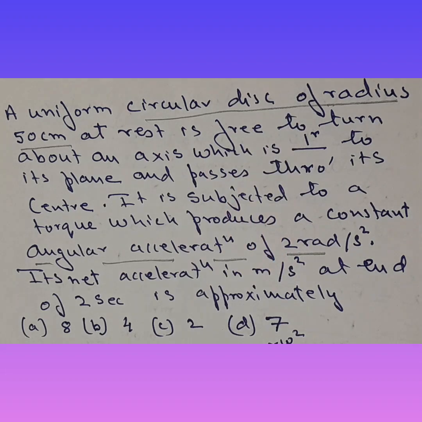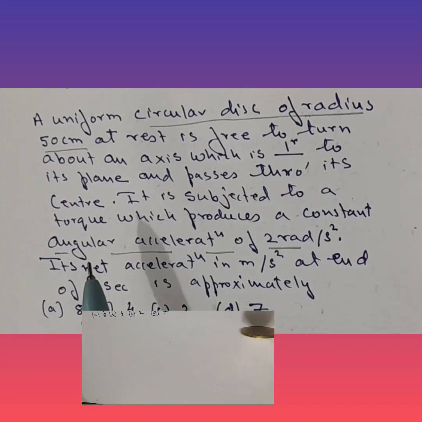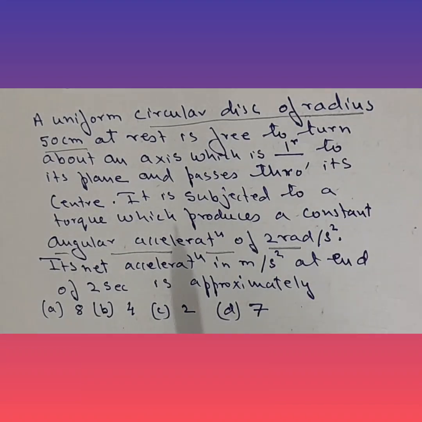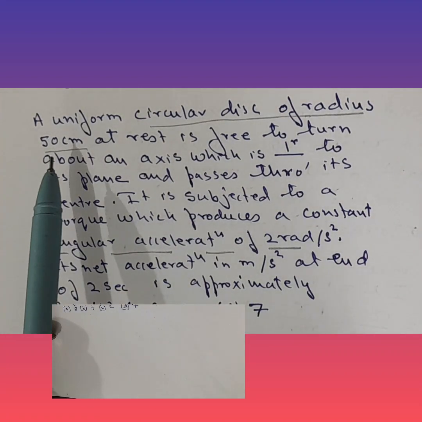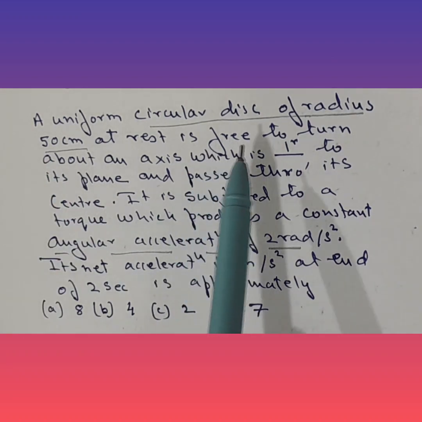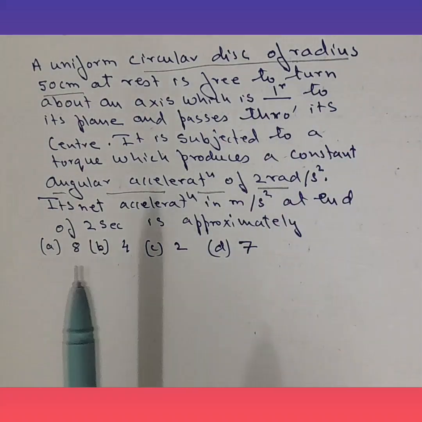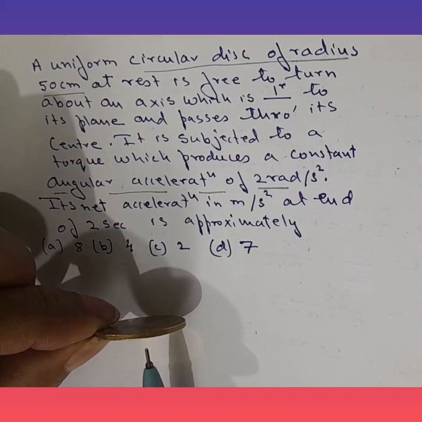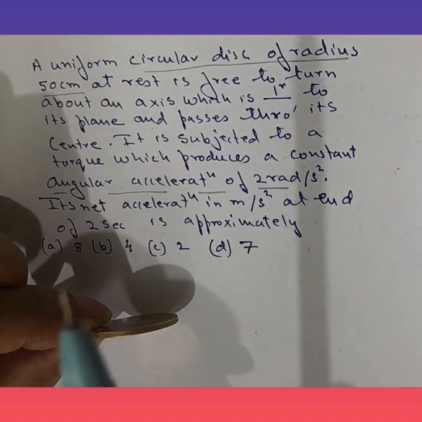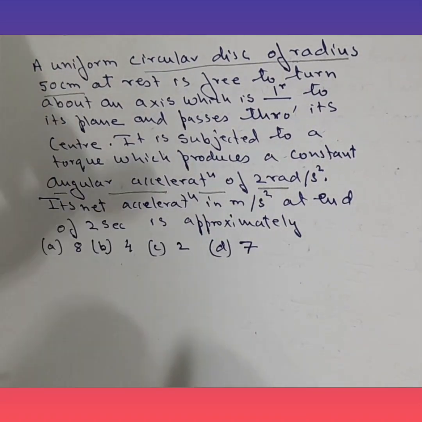Alright. We have been provided with a circular disc, which I showed just now, which I just rolled around. Assume the radius of that is 50 centimeter. Now it is free to turn about an axis, which was perpendicular to its plane.